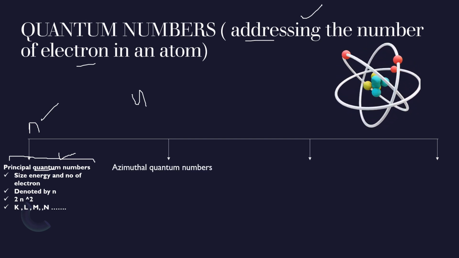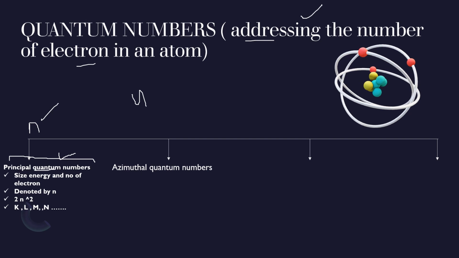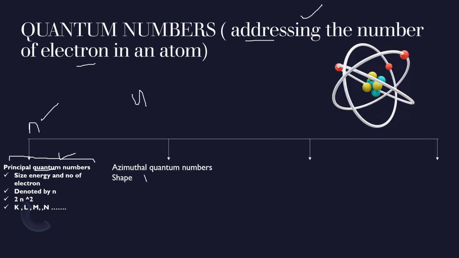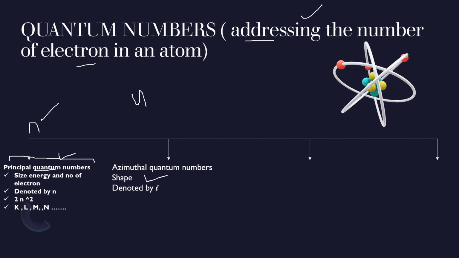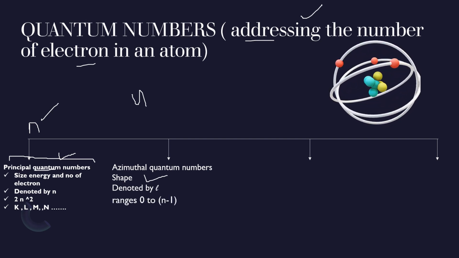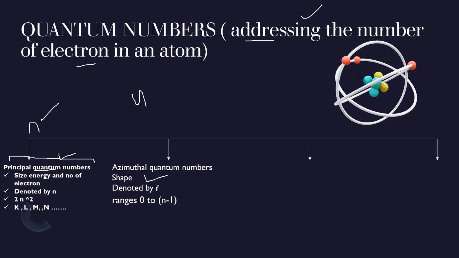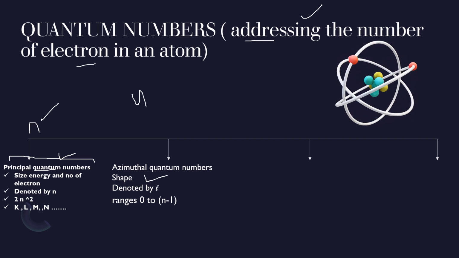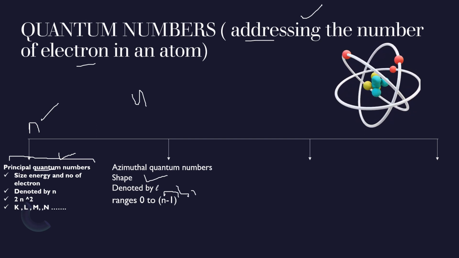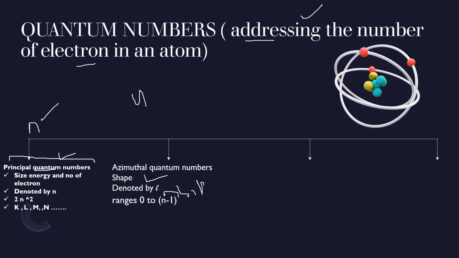Secondly, the azimuthal quantum number. This is the most typical quantum number. In this quantum number we discuss the shape of the subshells. It is denoted by l, and it ranges from 0 to n minus 1. The n minus 1 is the formula to find the subshells, which are s, p, d, f and so on.